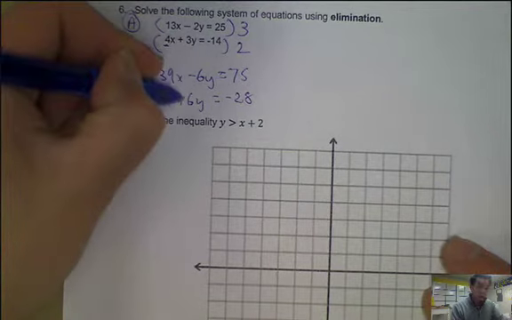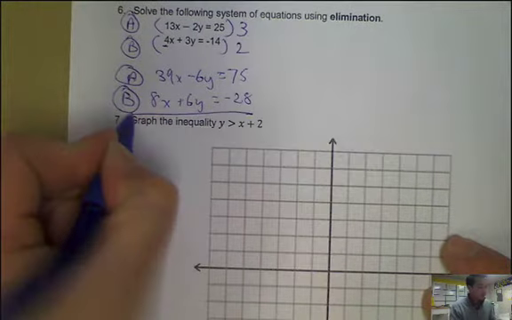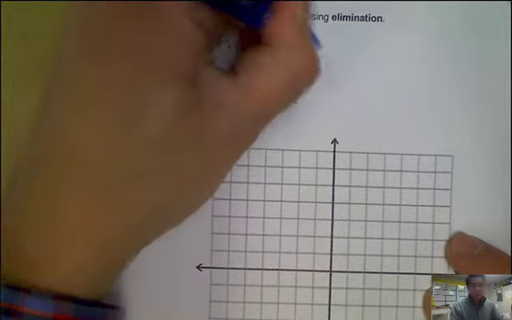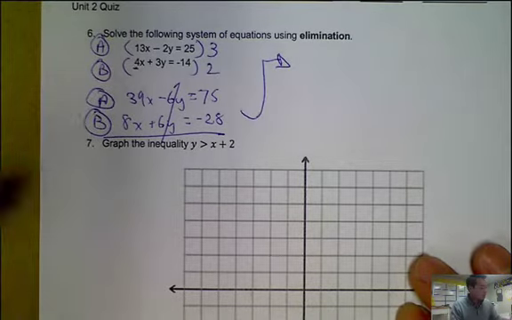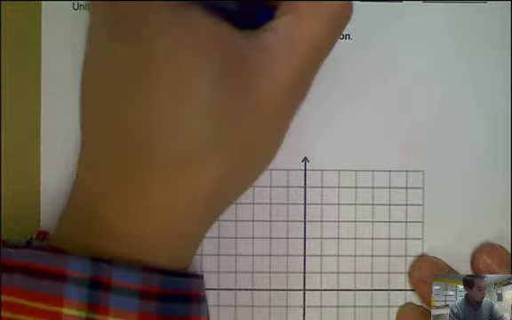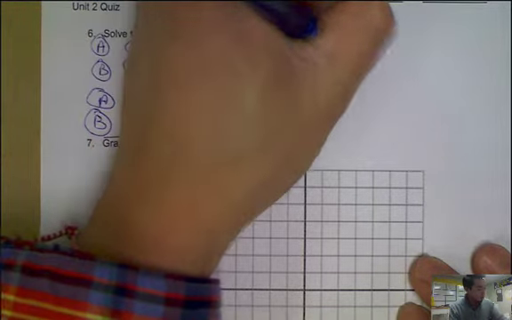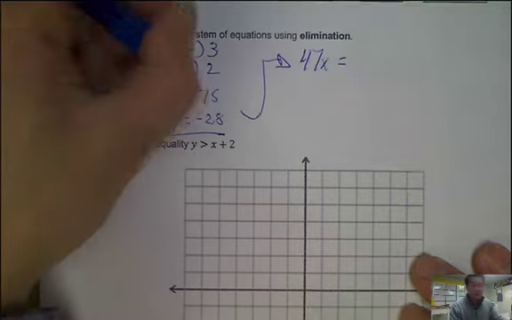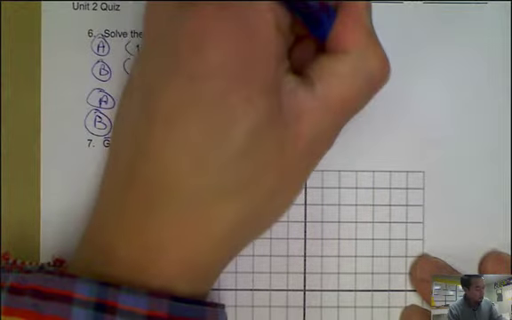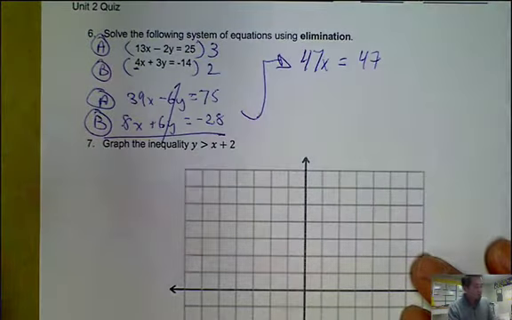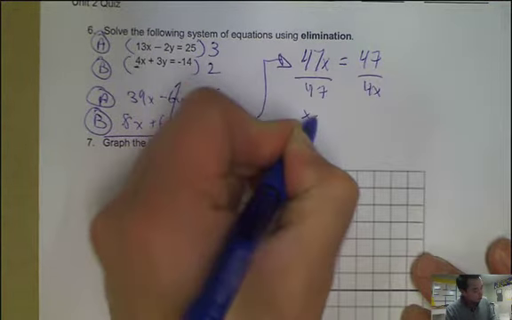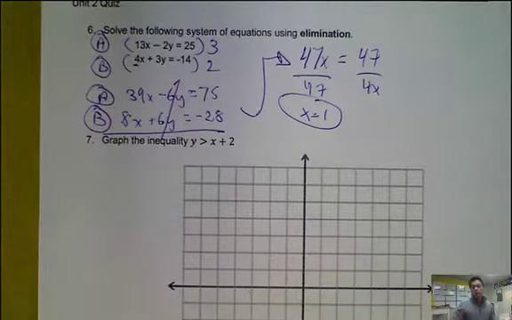Here, since I already have opposite pairs, I'm just going to add them. This goes away. 39x plus 8x is 47x is equal to 75 plus 28 is 47. I divide both sides by 47. X is 1. Again, some of you just stop right here.